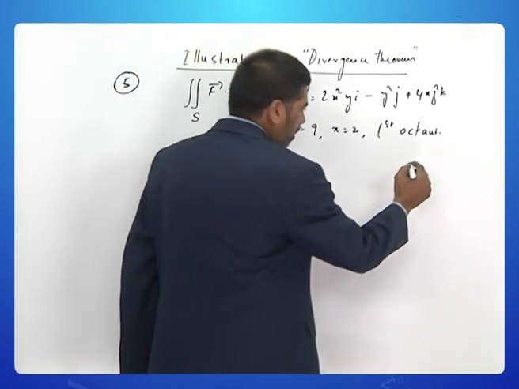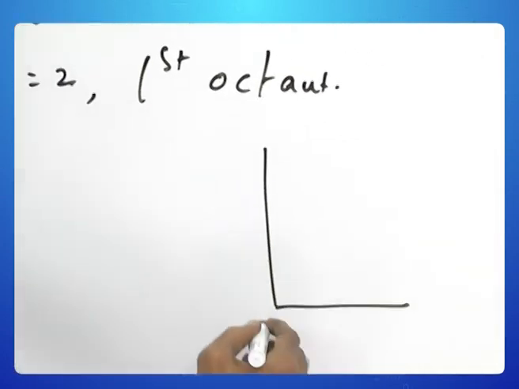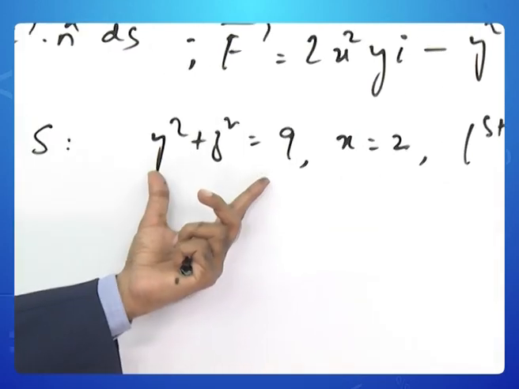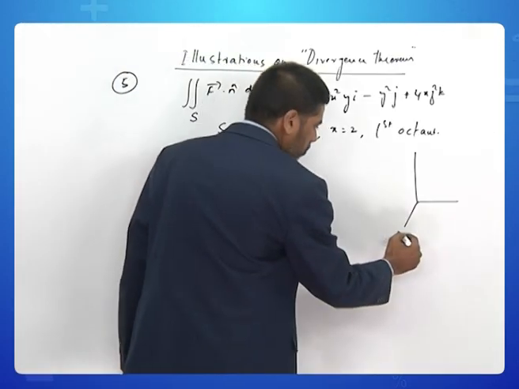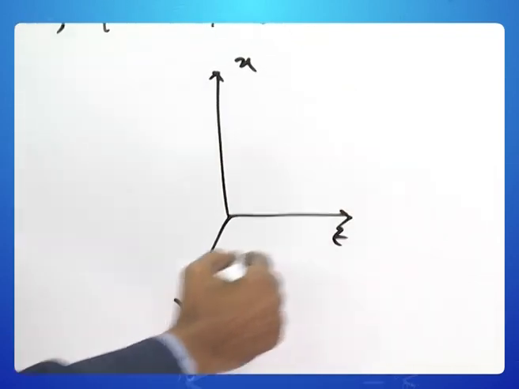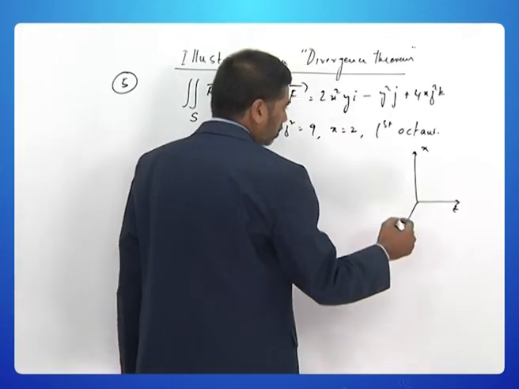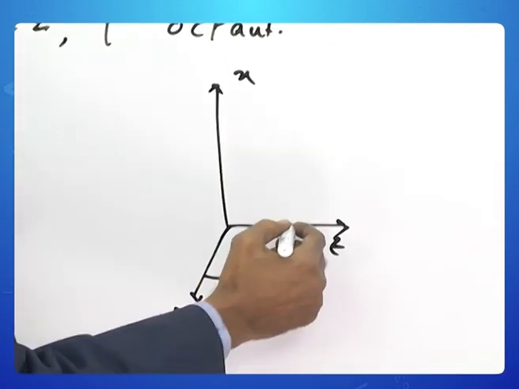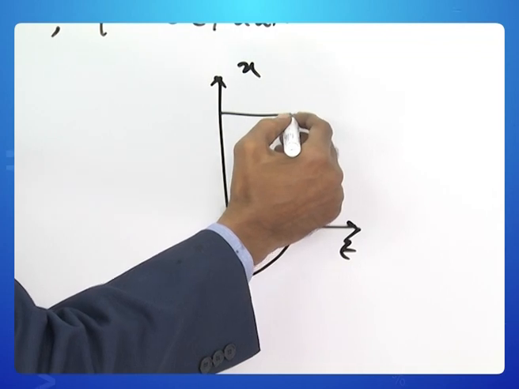First, let us visualize the diagram. Now this is a cylinder with base on the yz plane. So this is y, z, and this is the x axis. And because it is in the first octant, the diagram should be drawn something like this.